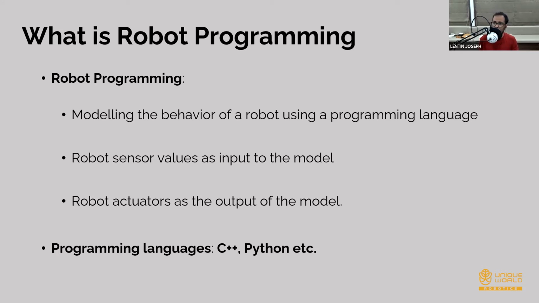Harshit is asking, how is it different from AI? AI and everything belongs to robot programming. Robotics is a multidisciplinary branch of engineering, a combination of many engineering domains: electronics, computer science, AI.